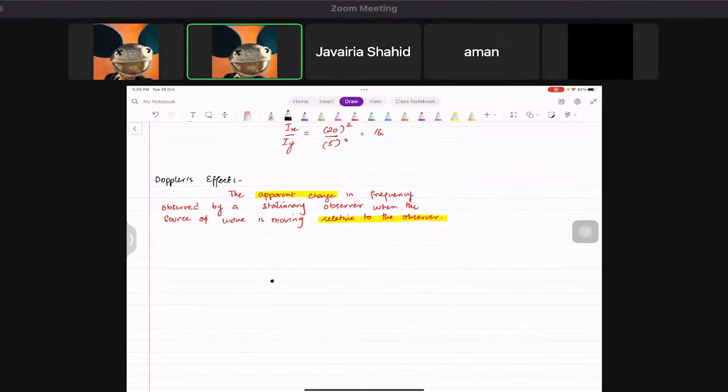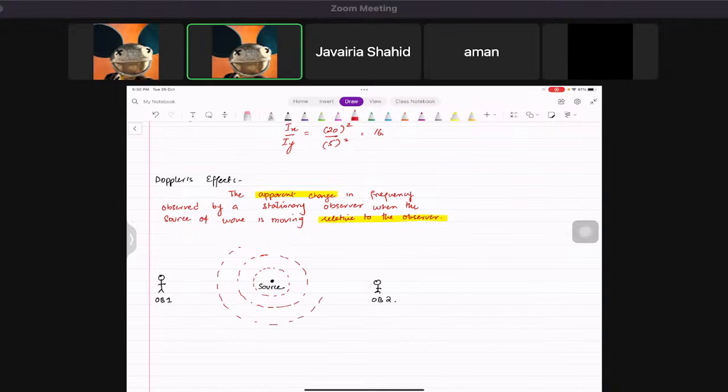suppose there is a source. There's one person right here who's observer 1, and there's one person at the same distance from the source as observer 2, on the other side. So the source is producing sound waves or any kind of wave, doesn't really matter.